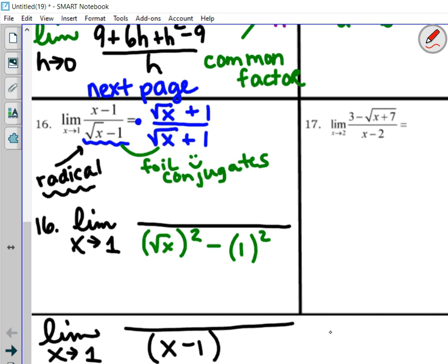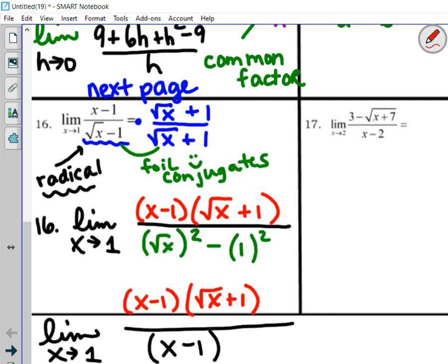Now, here's why that makes me super happy. I'm hoping eventually I'll be able to cross something out, essentially the thing that's making the numerator and the denominator 0. If x is approaching 1, the thing I'm hoping to cross out is x minus 1. And look, there's an x minus 1. I am going to let these two numerator factors just sit next to each other, because if I FOIL these, I won't see it anymore.